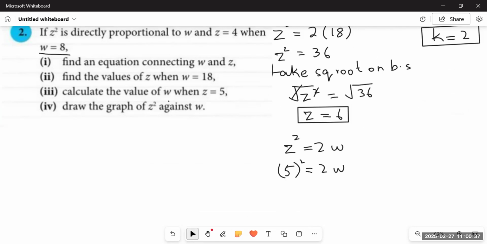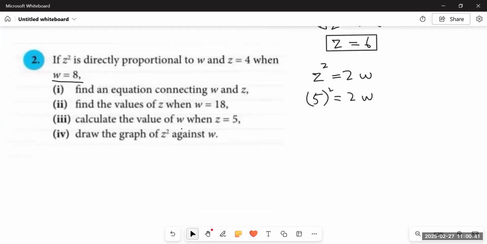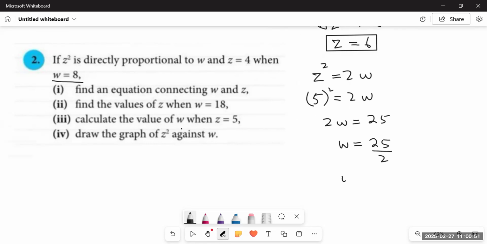But now I'll make 2w the subject. So it would be 2w equals 25 and w equals 25 upon 2, which is 12.5. It means if z equals 5, w would be 12.5.